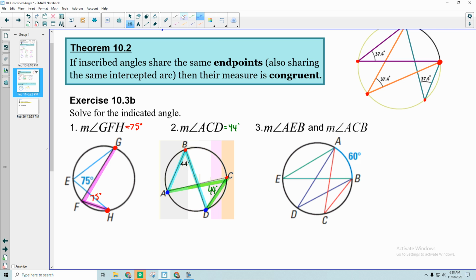So kind of tying in from the stuff that we learned on the last page, if this is my intercepted arc, and this is my inscribed angle, what's the relationship between those two? Okay, so that inscribed angle should be half of the intercepted arc, so this should be 30 degrees, meaning that the rest of these angles are all going to be 30 degrees as well. So both AEB and ACB are 30 degrees.